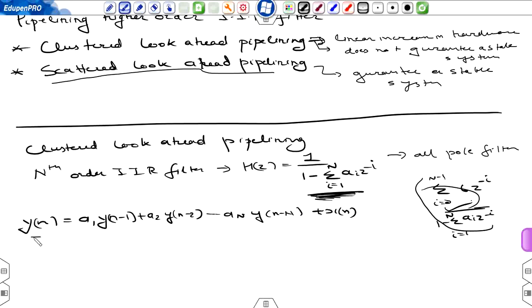So the output is dependent on the present input and the past n samples, starting from minus 1 to minus n.